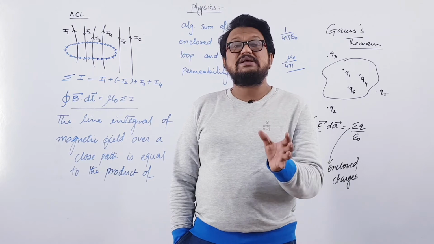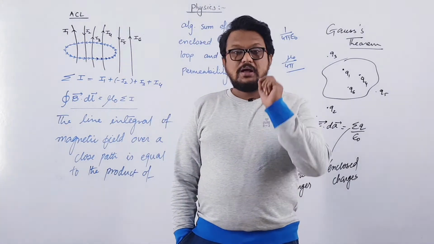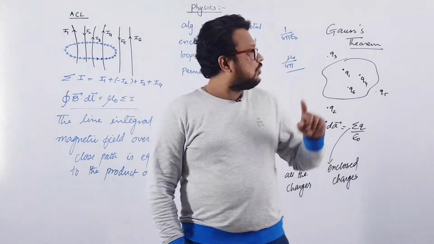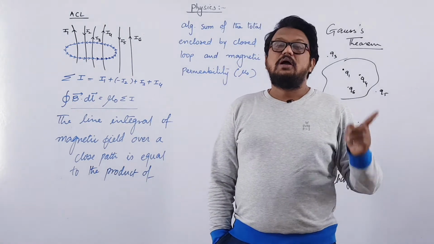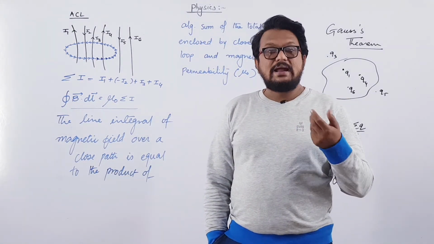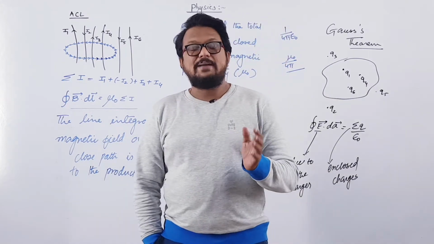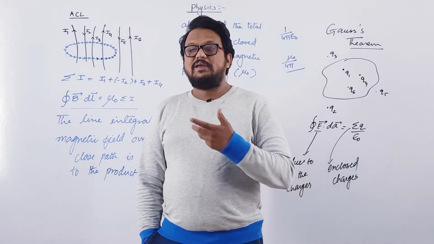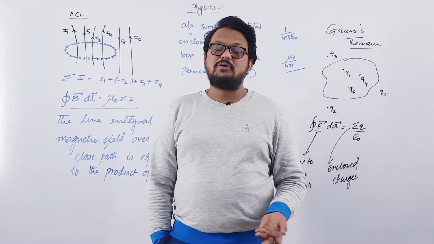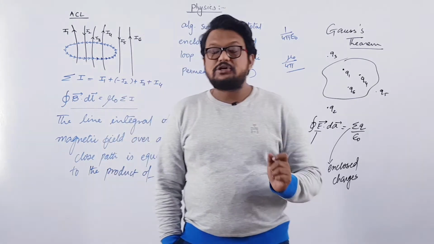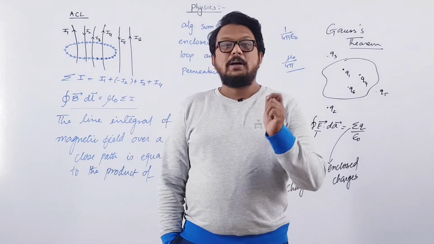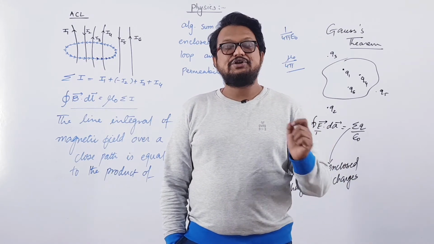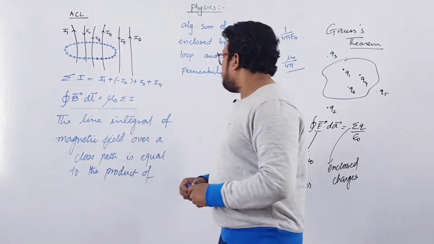Ampere's circuital law is basically an integral form of Biot-Savart law, and Gauss law is an integral form of Coulomb's law. This can be asked in an MCQ, in the form that Ampere's circuital law is an integral form of blank, with options like Biot-Savart law, Coulomb's law, or Newton's universal law. So actually Ampere's circuital law is an integral form of Biot-Savart law, and Gauss law is an integral form of Coulomb's law. If you want, we can write it here.